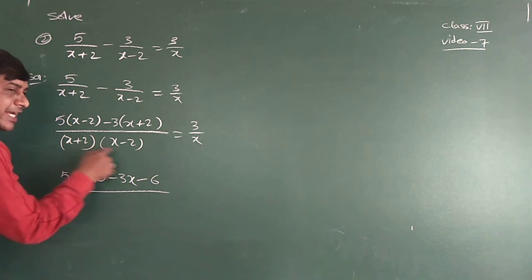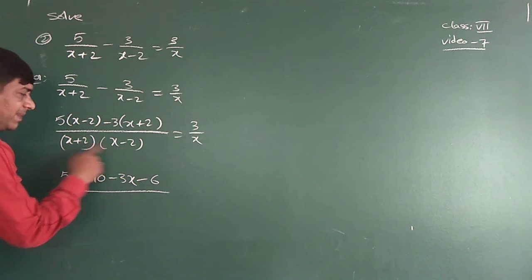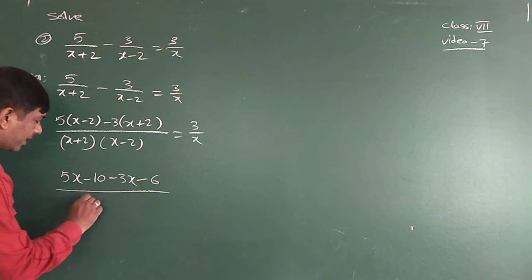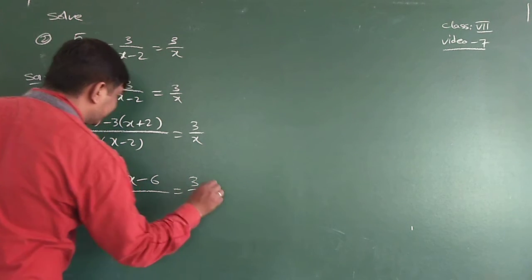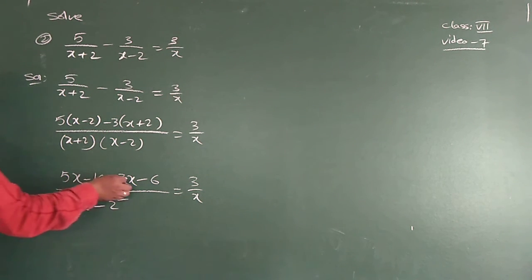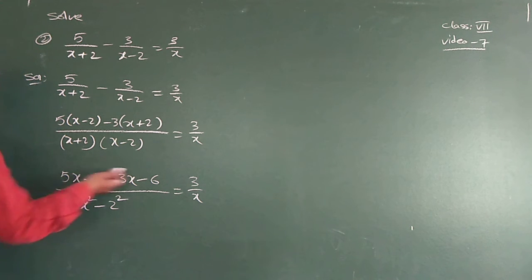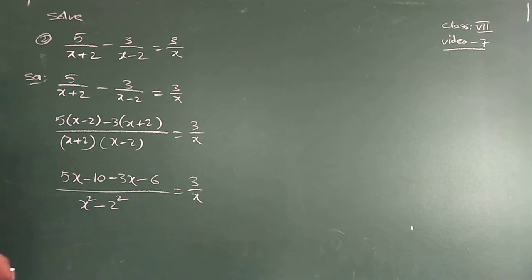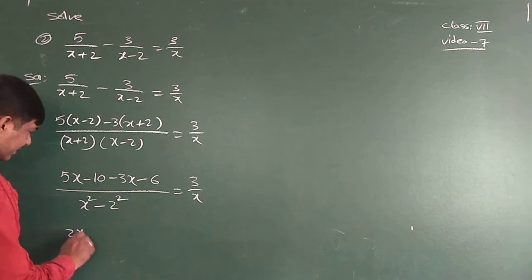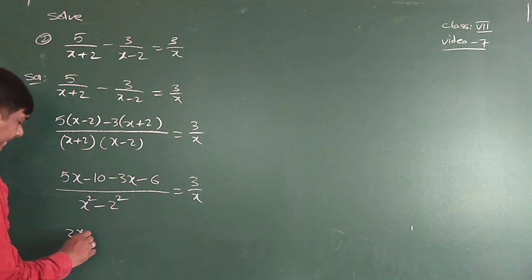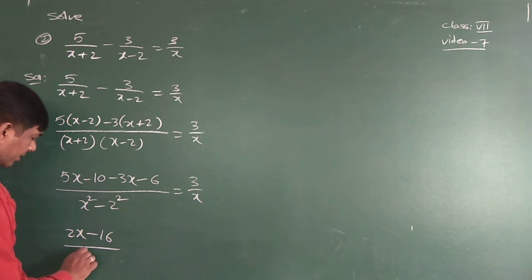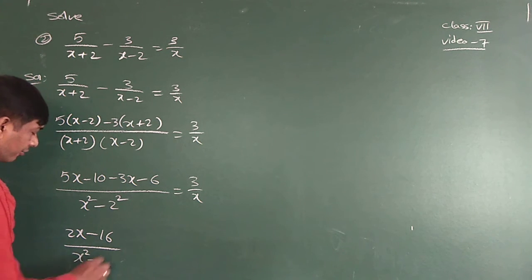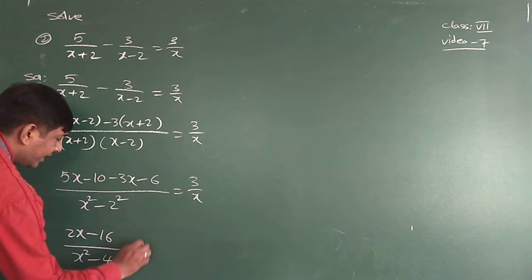This is a plus b into a minus b, which is a square minus b square, equal to 3 by x. Now 5x minus 3x are like terms; 5 and 3 have opposite signs, so subtract them. 2x, minus 10 minus 6 is minus 16, by x square minus 4, is equal to 3 by x.